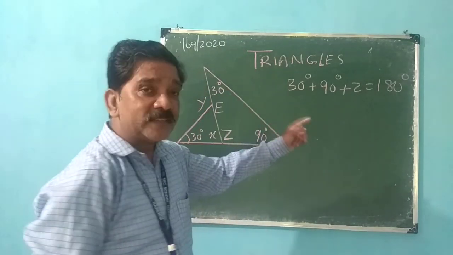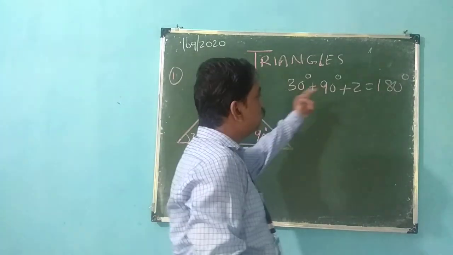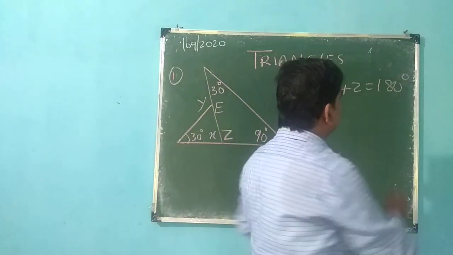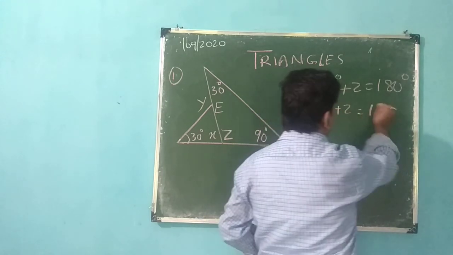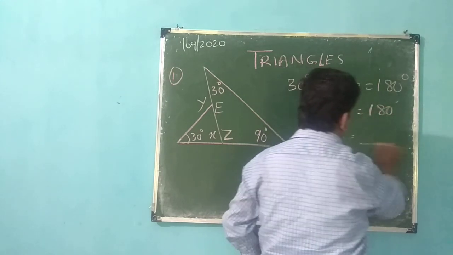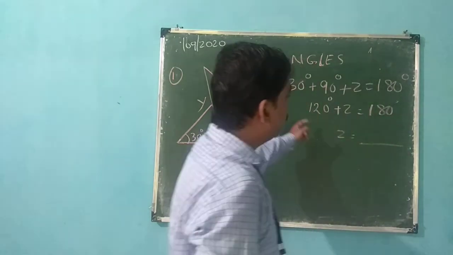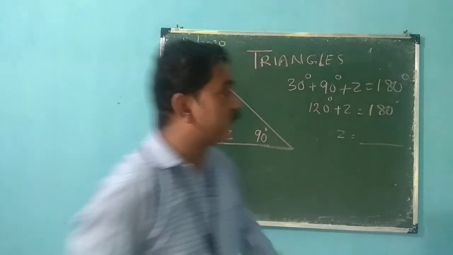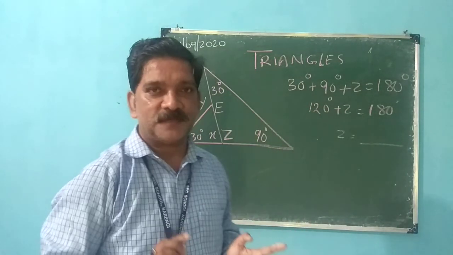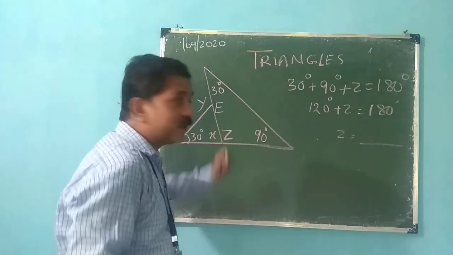But now you can easily get the value of z. Add these two and subtract from 180. Okay? Subtract 120 degree from 180 degree, you will get the value of z. Correct? So you can easily get this answer.